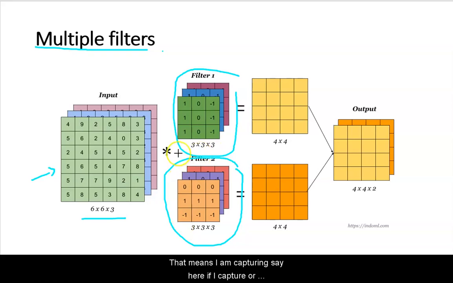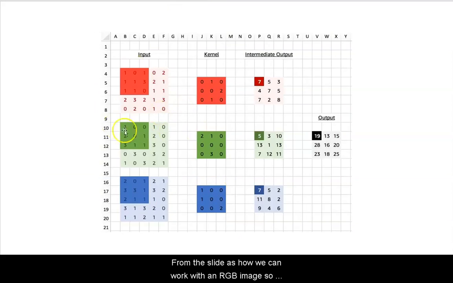I have one filter here, I have my second filter here. That means if I capture a horizontal edge with this particular filter, with the second filter I will be capturing the vertical edges. So we have already seen from this slide how we can work with an RGB image.